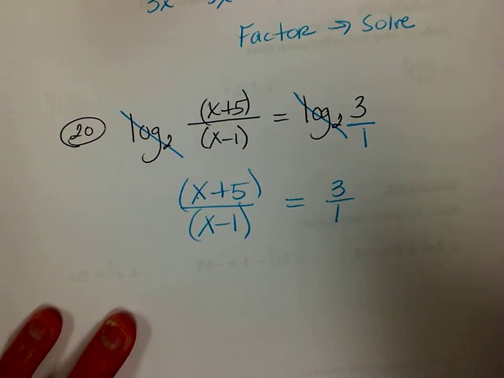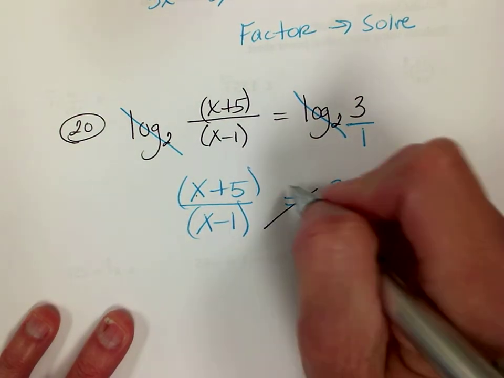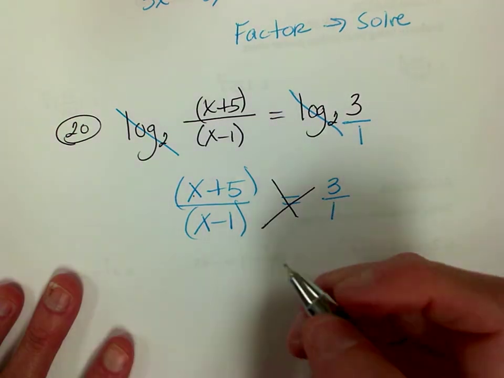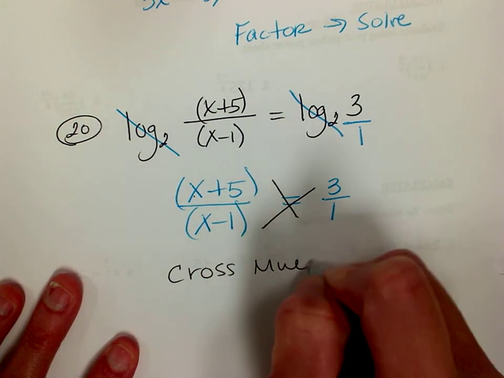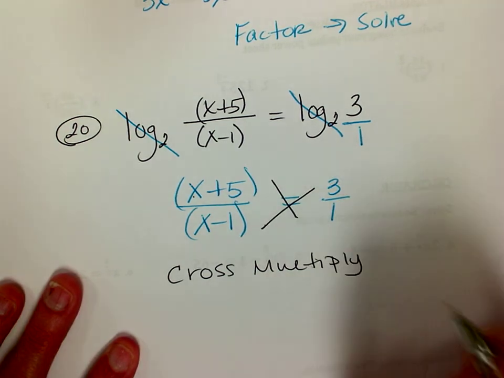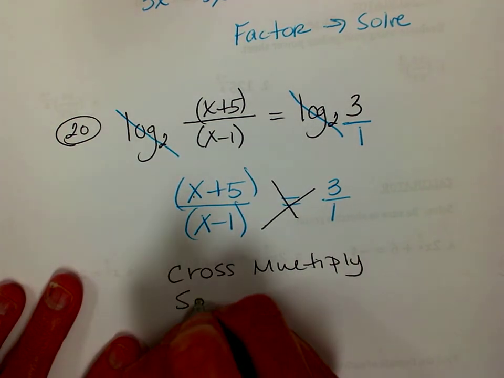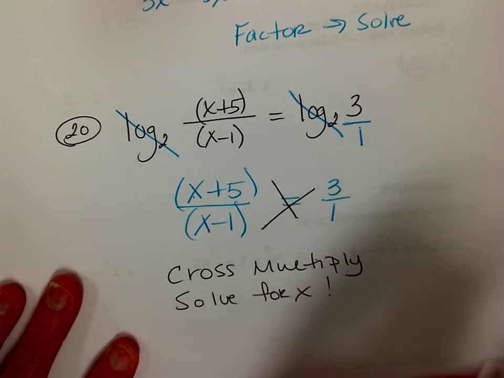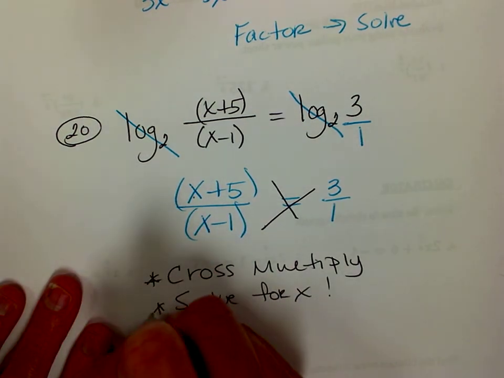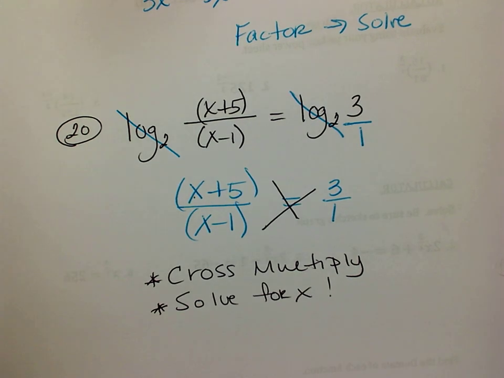From there, I'm just going to cross multiply and then work backwards. Cross multiply, and then you're going to solve for x. And then 21 is the same way. So now hopefully you should be fine.